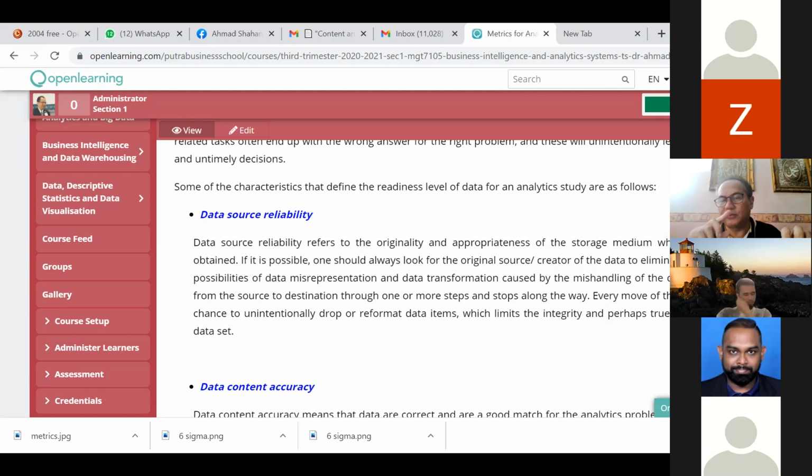One data you do a comma, one data you do a comma. And if there are missing data in between, the other data will move in. So that's why it is best that you use XML or JSON, so you have a proper name schema for the data. And whenever data moves from one point to another point, it might be reformatted. So it limits the integrity, and maybe also the true accuracy of the data set.